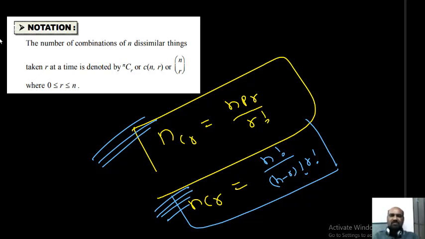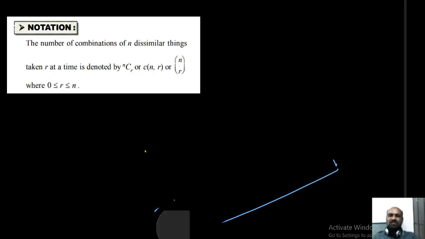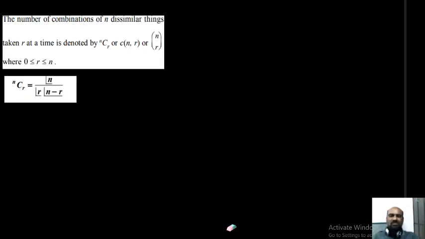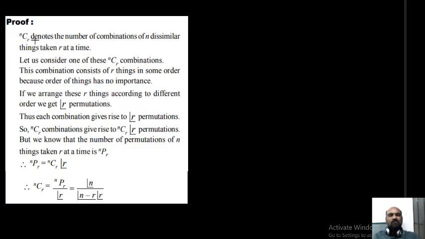Okay, so this is the proof. To write in your notes, listen. NCR denotes the number of combinations of N dissimilar things taken R at a time. Let us consider one of such combinations. This combination consists of R things in some order, because order of things is not important in combinations.